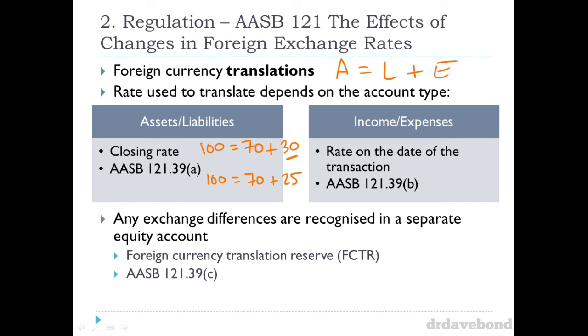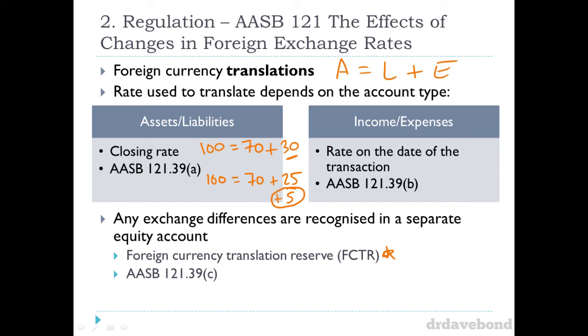This doesn't balance out. Any exchange differences are recognized in a separate equity account. We just add 5 to this side. That's all that we're doing. This, the foreign currency translation reserve, is whatever number that you need to put into equity to make that equation work. It's nothing more and nothing less than that.